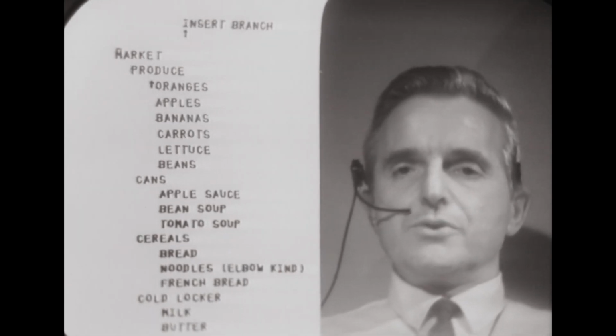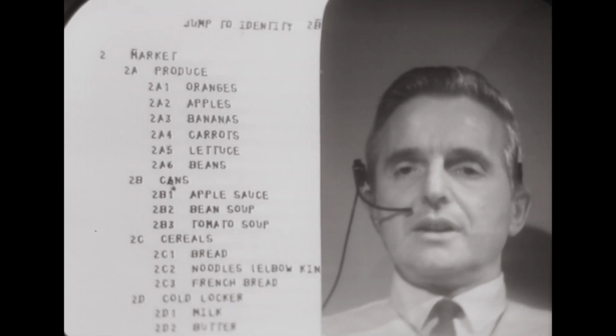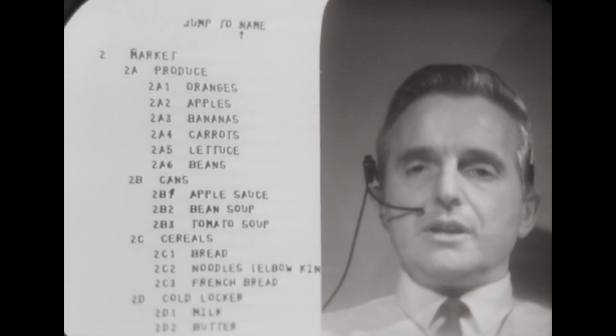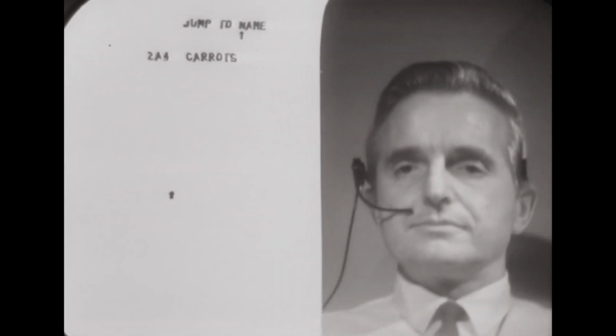But one interesting thing here that I haven't told you about is that when the numbers are on, I can do something like, instead of jump to identity and pointing to that and having it bring to the top, or jumping return back, I can say jump to a name and say go to 2A4. And it'll do it.